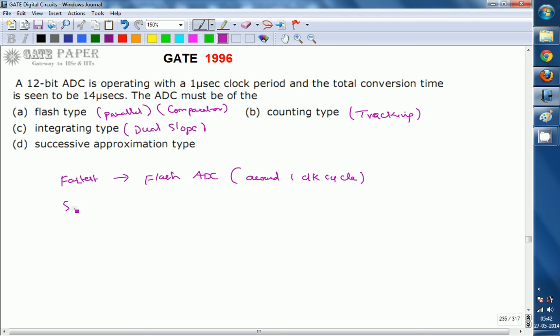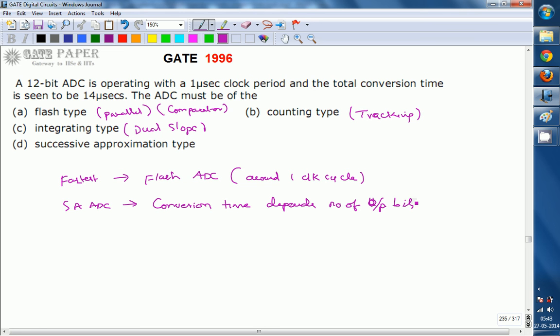Second is the successive approximation ADC. In this one, the conversion time depends on the number of output bits, that is, with how many bits the output is represented, whether 10 bit, 8 bit, 12 bit, or 20 bit.